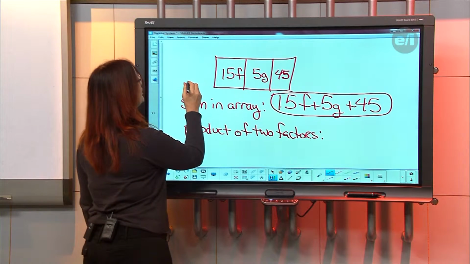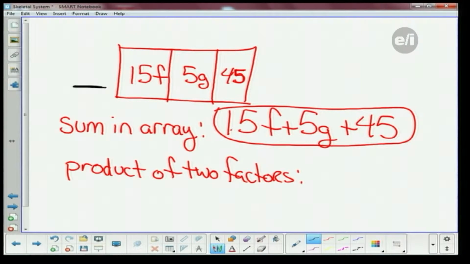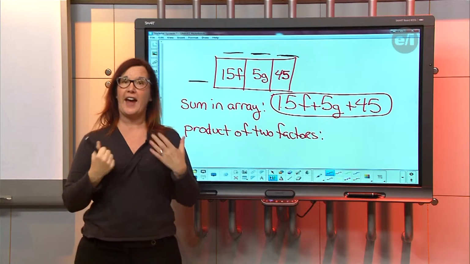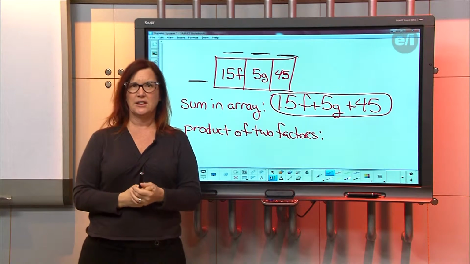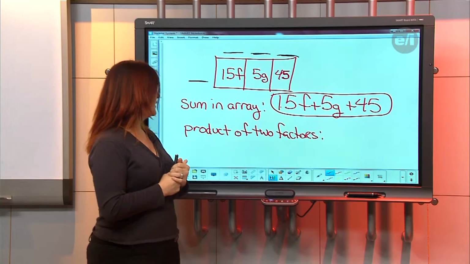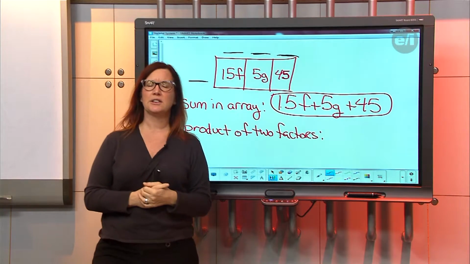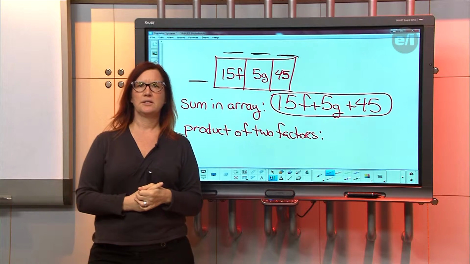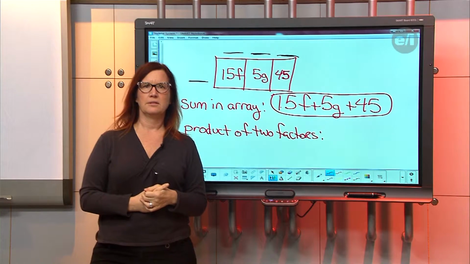So what I'm really trying to do is find something that goes on the outside here to the left of it, and then figure out what was multiplied by it to get these things. So the first thing I'm going to do is look for a factor. What does the word factor mean? Because it says a product of 2 factors. What the number is multiplied by.